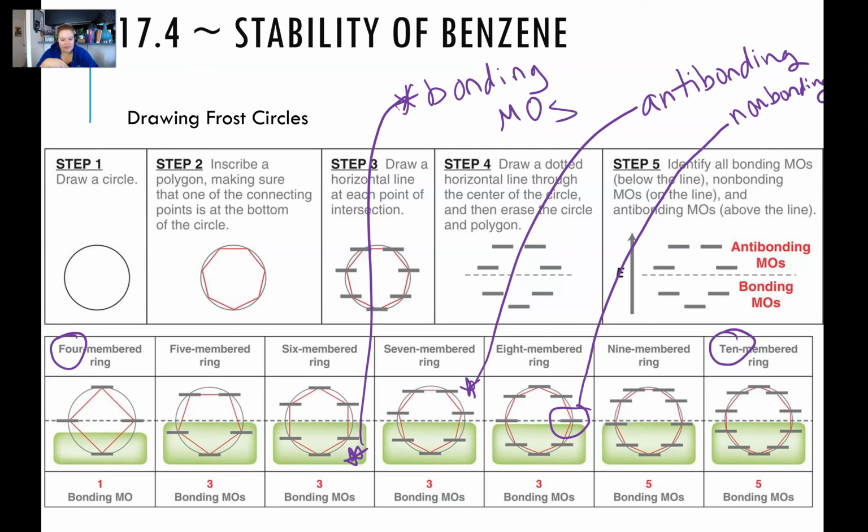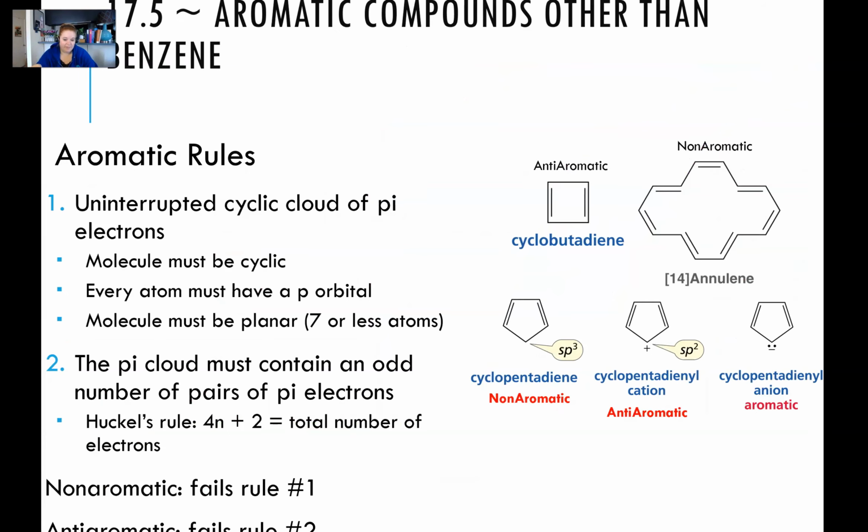And if all the electrons are in the bonding, then we know that it is aromatic. These can be confusing though, and it also means you have to memorize all of these diagrams. So we're going to do it a different way. Here's our rules. We have 2 rules. And I can see that I'm going to cut off part of my title here because the bottom part is more important.